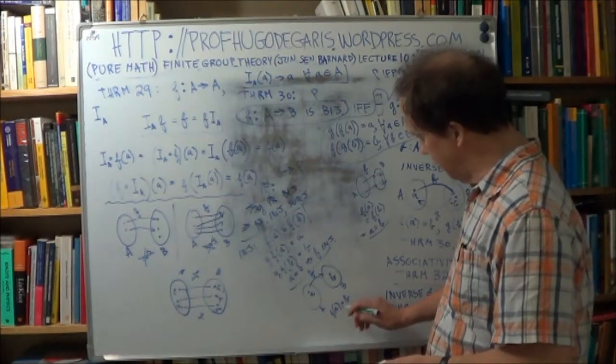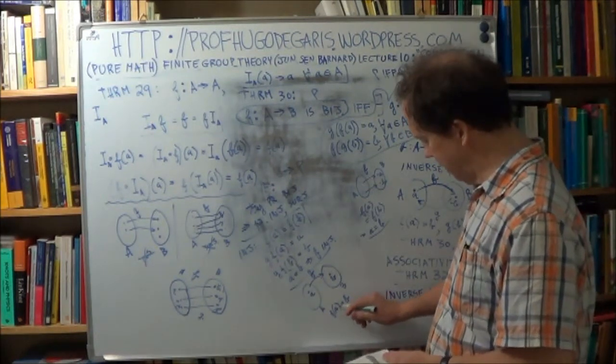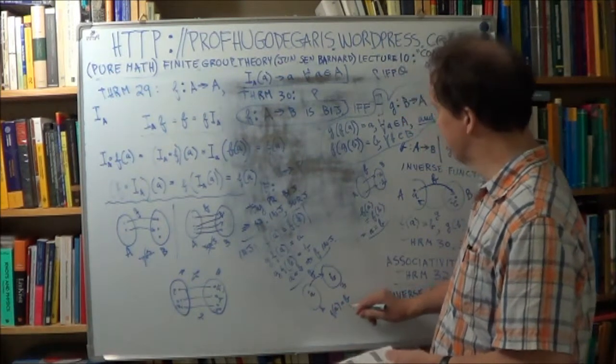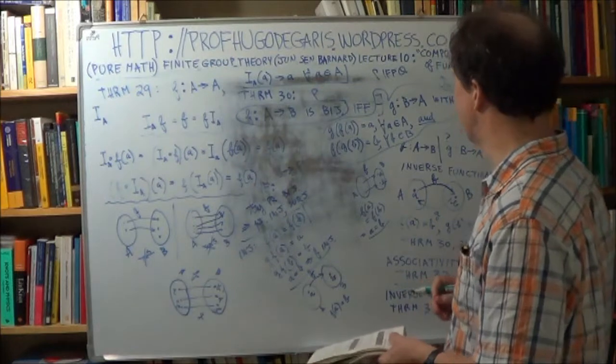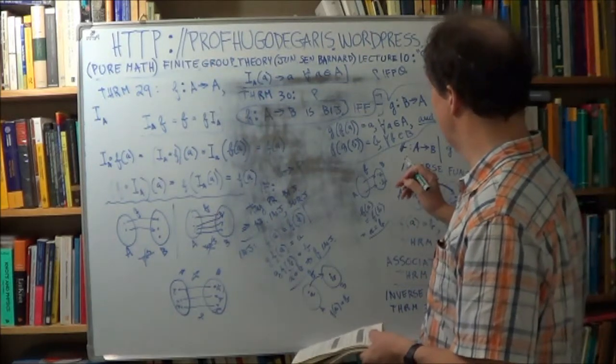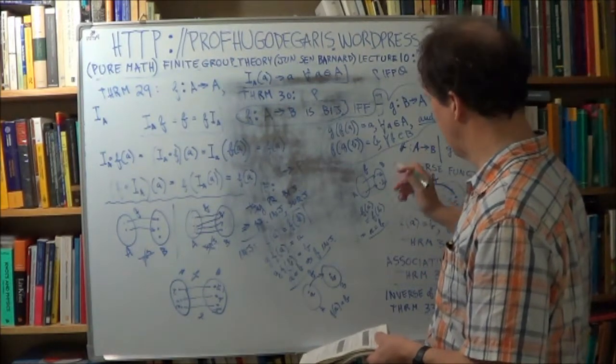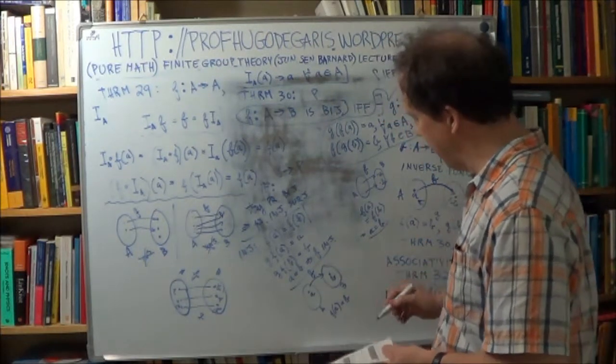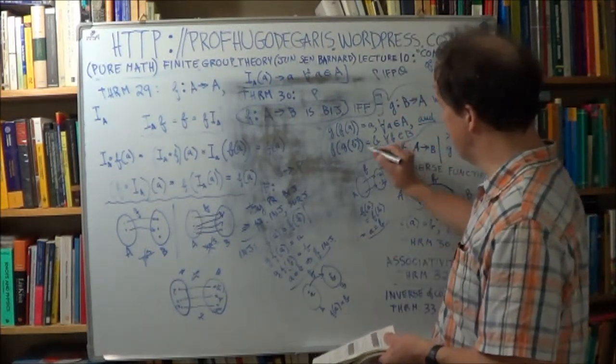We want to find a mapping like this. So let's start with B. We're taking an arbitrary element B. Now we know this is true.